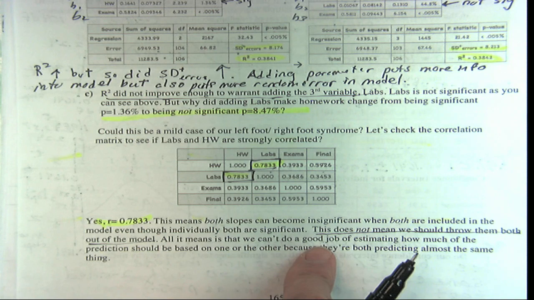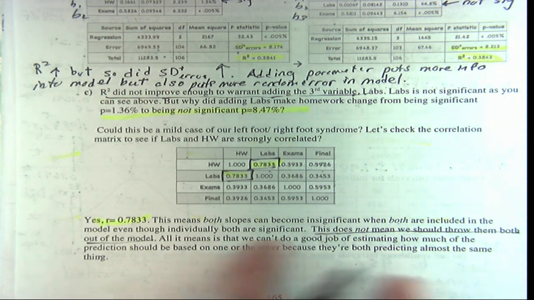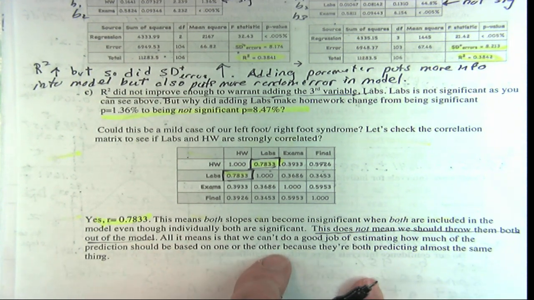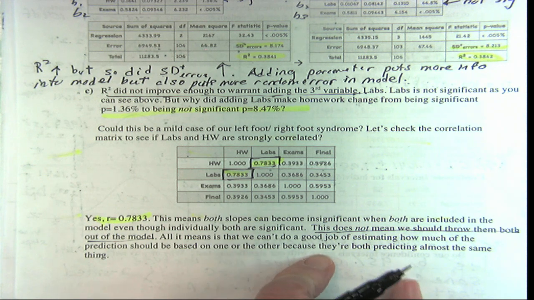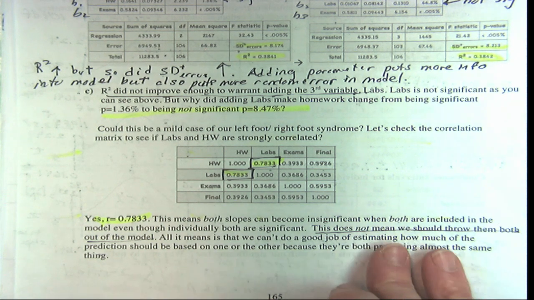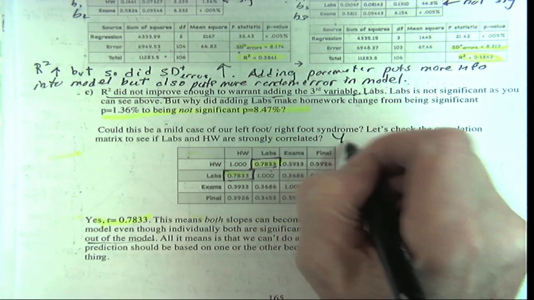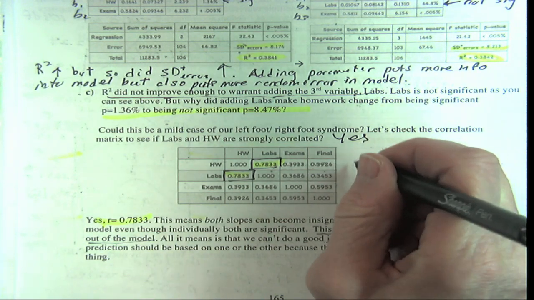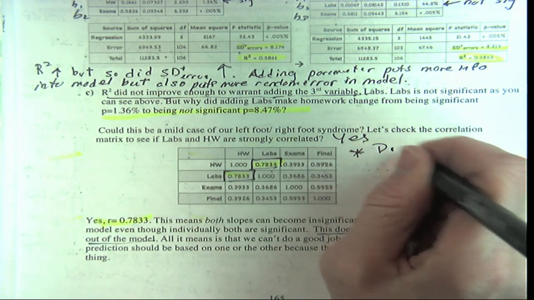We can't do a good job of estimating how much of the prediction should be based on one or the other because they're both predicting the same thing. So it's saying, hey, I have error bars on both of them, but the model itself will have a very good p-value. You just won't know which one to use. Okay? So yes, they're highly correlated and very important.